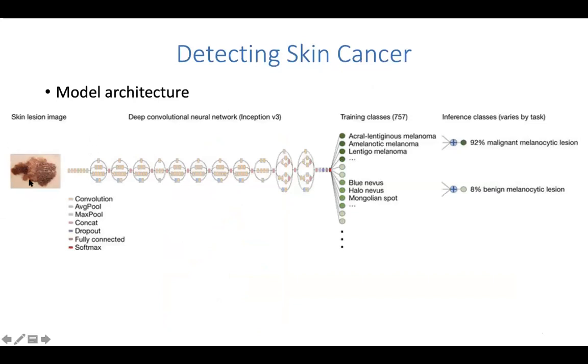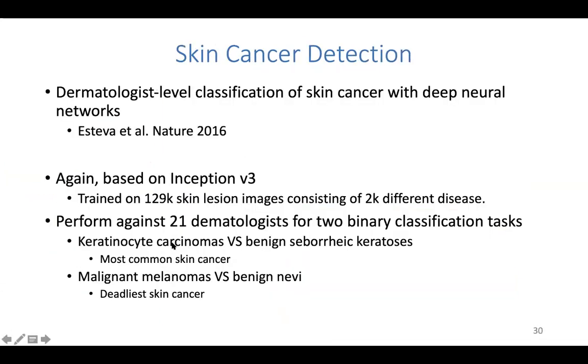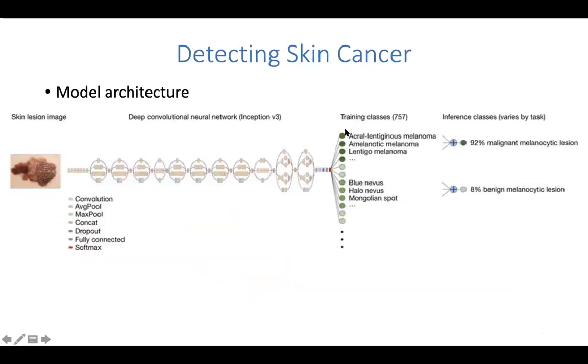So they do 757 multi-class classification. Simply, they just put the skin lesion image into the Inception version 3, and then they perform 757 multi-class classification. And then when doing the final inference, these here, like carcinoma versus keratosis, melanoma versus nevi, they group these fine-grained skin disease classes into carcinoma and melanoma, or nevi versus keratosis.